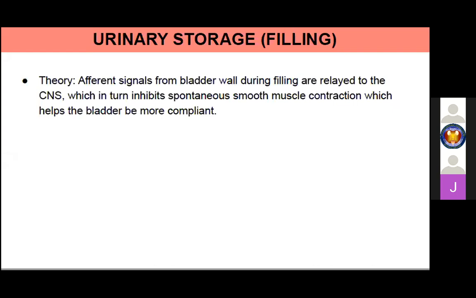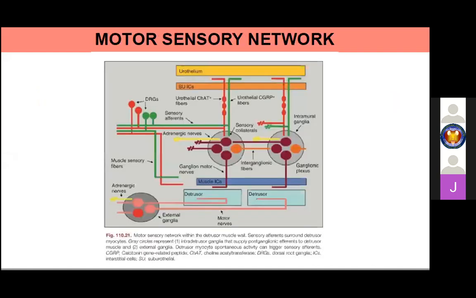Next, please. Here you can see the motor sensory network, which shows a very complicated picture, but I'll just explain a brief summary. On the right side, you have two gray circles. Those are the intradetrusor ganglia, which usually supply the postganglionic efferents to the detrusor muscle.